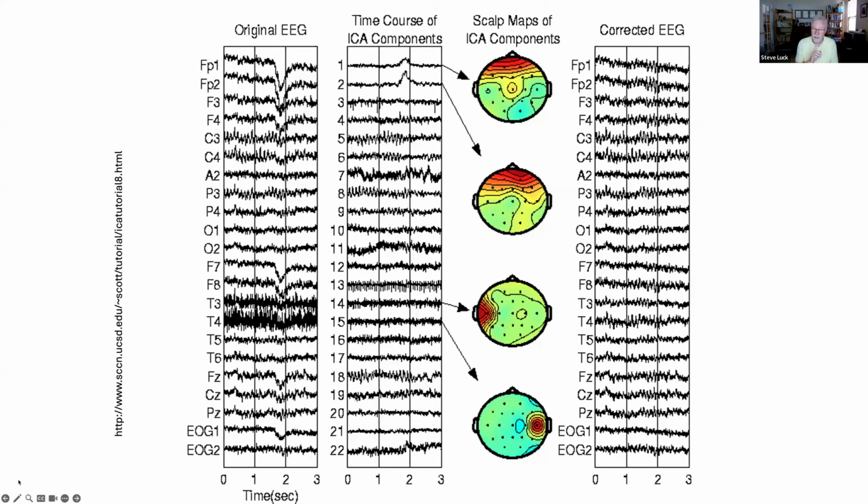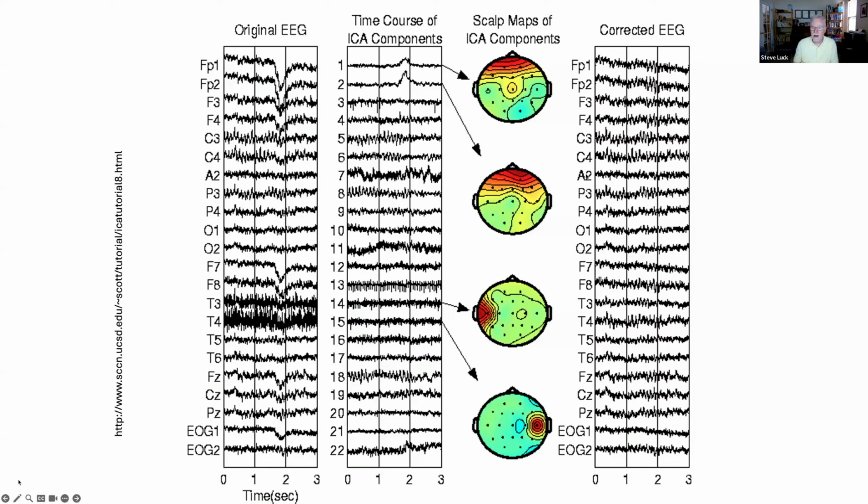The number of components will be equal to the number of channels. We have a time course for each of them. Components 1 and 2 both look like they're doing the blink thing, whereas component 13 looks like it's doing the left hemisphere muscle noise, and component 15 is doing the right hemisphere muscle noise.